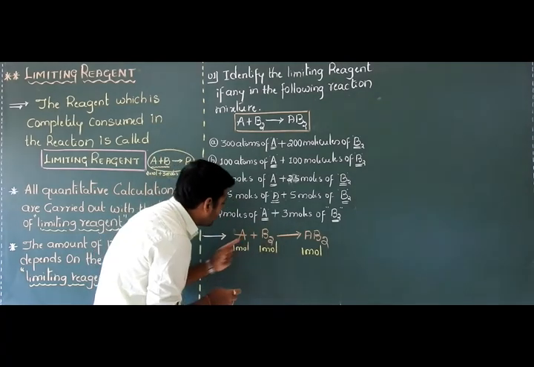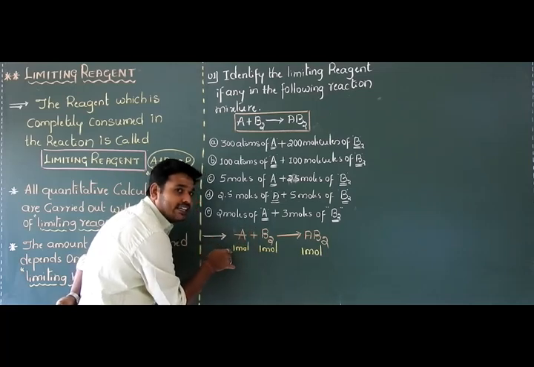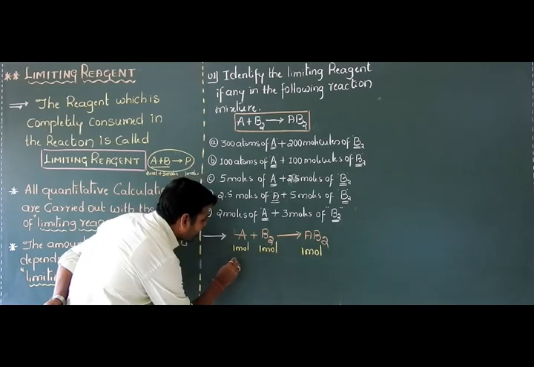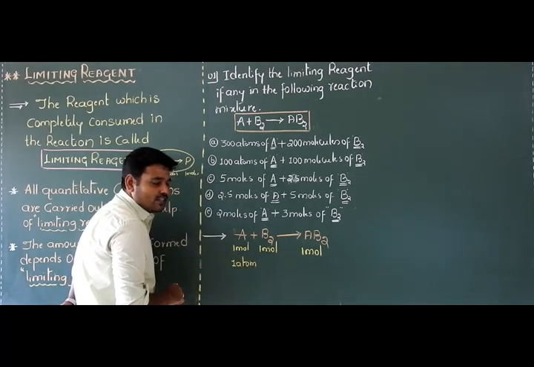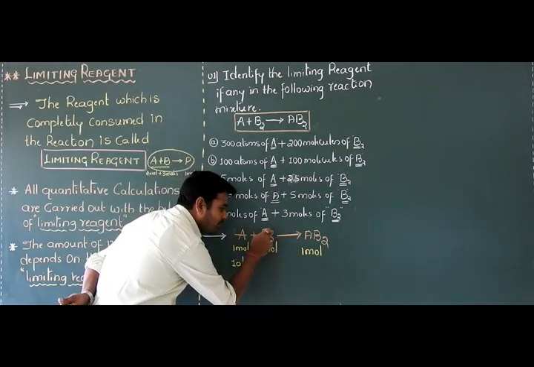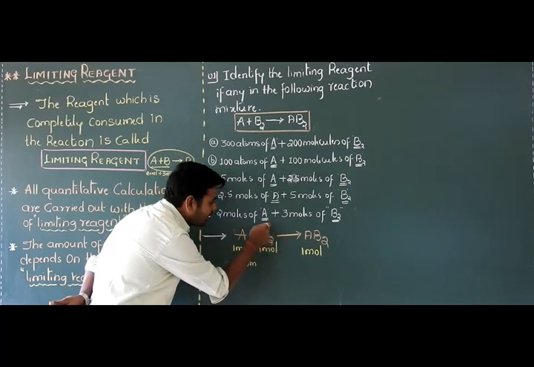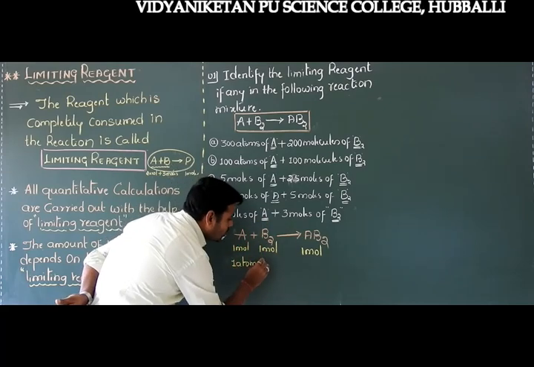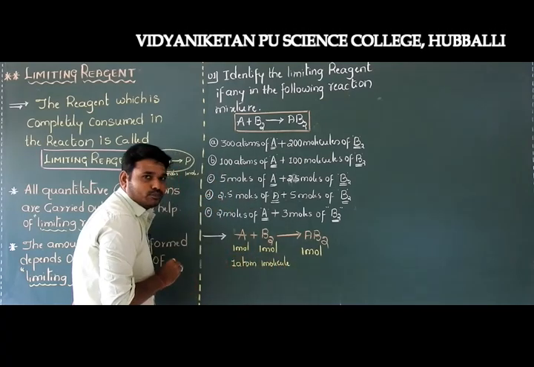In this reaction mixture, reactant A is in the form of atoms. So 1 mole of reactant A is nothing but 1 atom of A. B2 is in the form of a molecule; it is made up of 2 identical B atoms. So 1 mole of B2 is nothing but 1 molecule of B2.